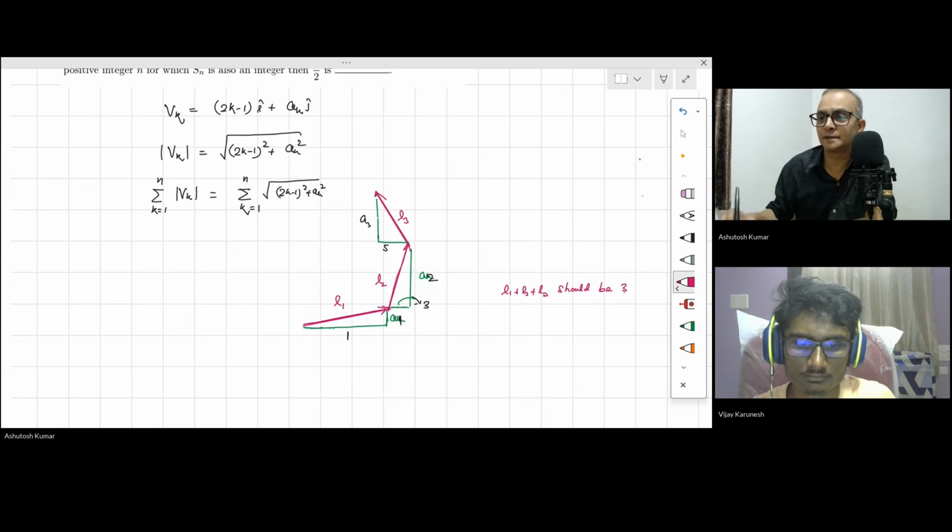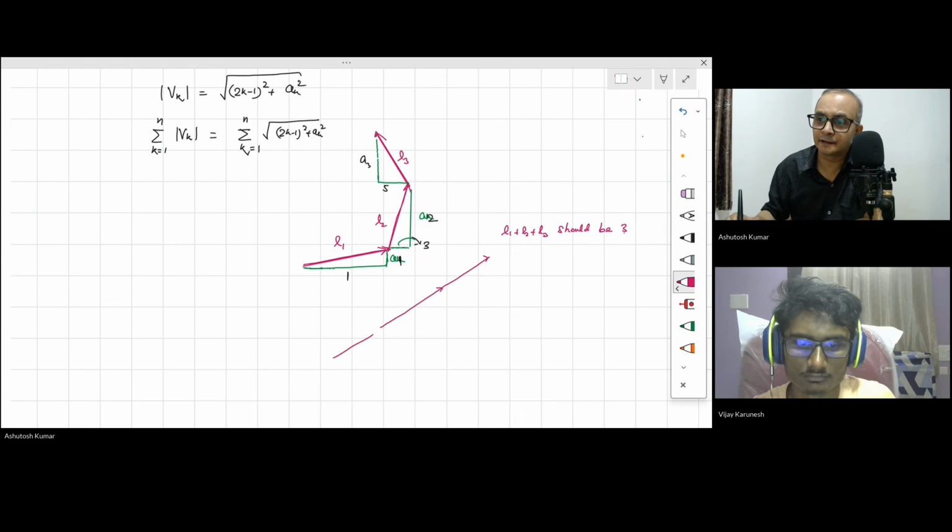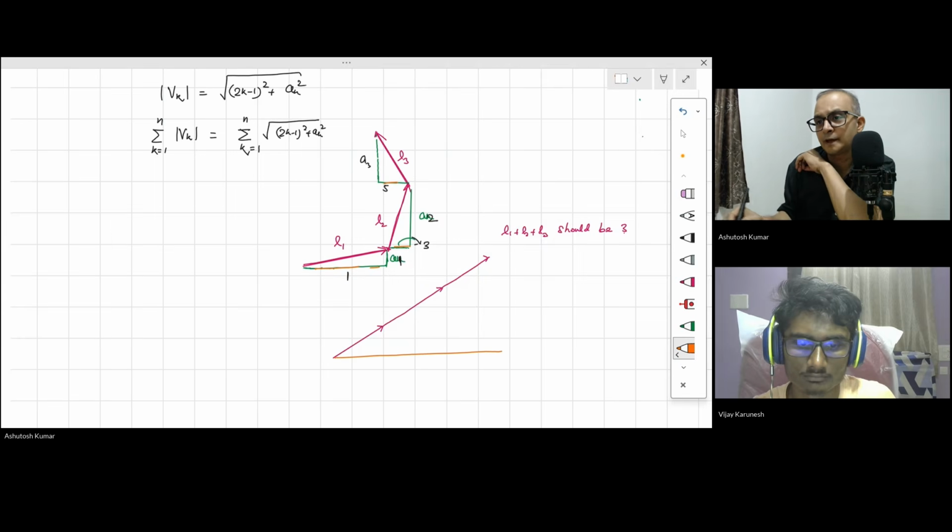Can we not arrange them in this way, stacking each other? Yes, sir. So if you arrange in this way, then all these horizontal distances will be collected together. Correct?